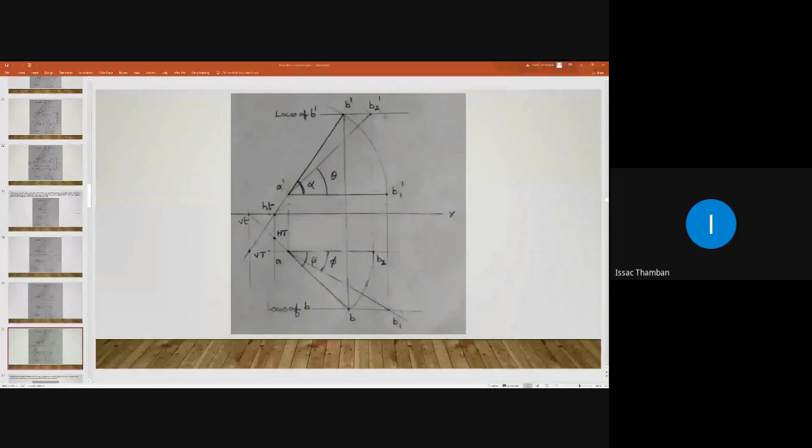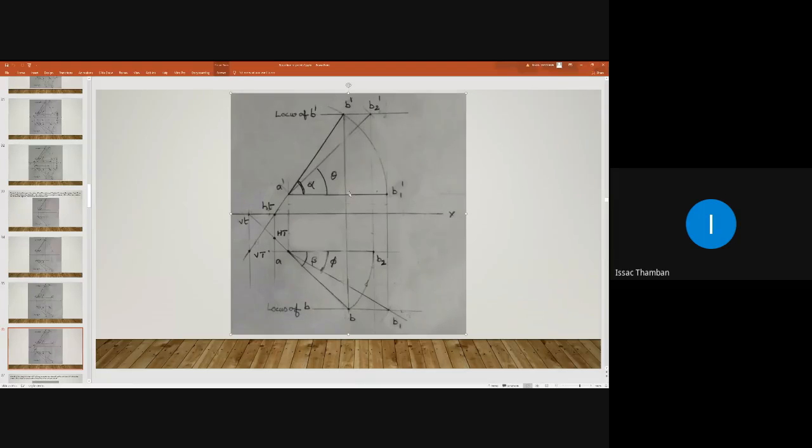The dimensions that are given in the question must be marked here. The position of end A must be marked here. This dimension is 10 mm, this dimension is 20 mm. That must be marked here.